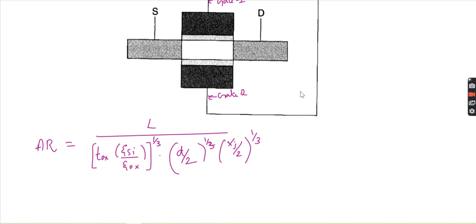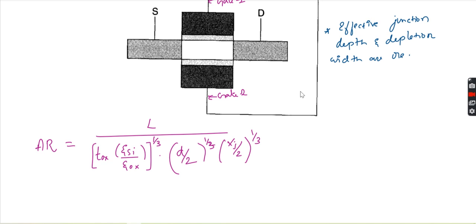So what happened here? It is clear that the effective junction depth and the depletion width are reduced to half. We can make a note of that: clearly, the effective junction depth and depletion width are reduced to half of that of a bulk MOSFET.